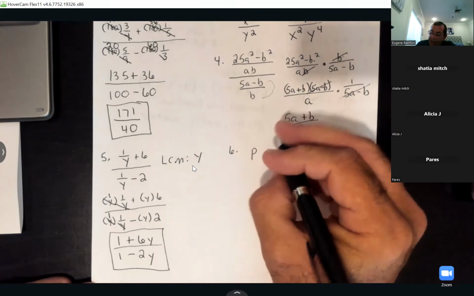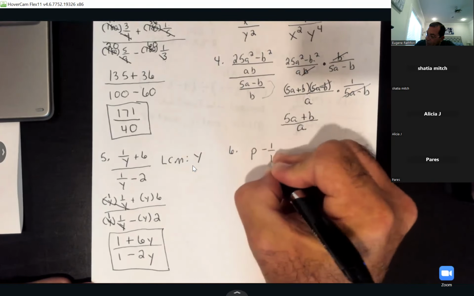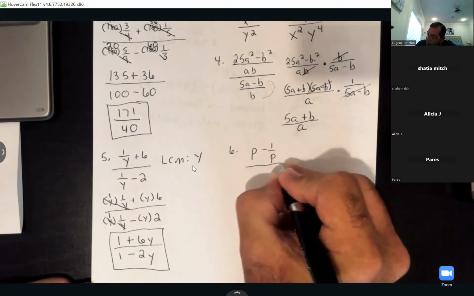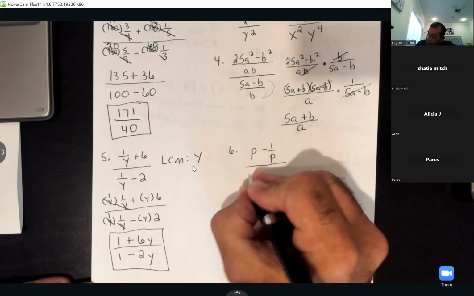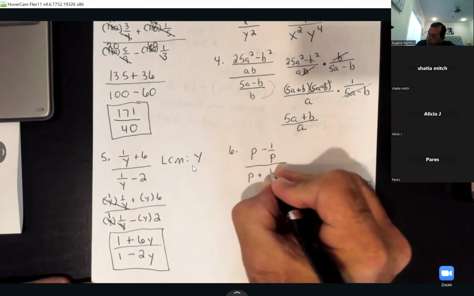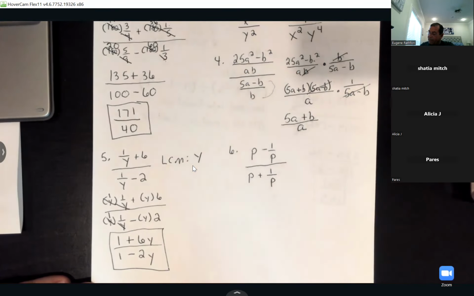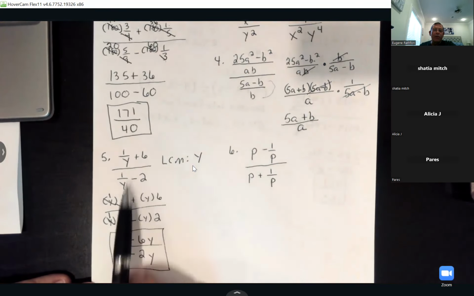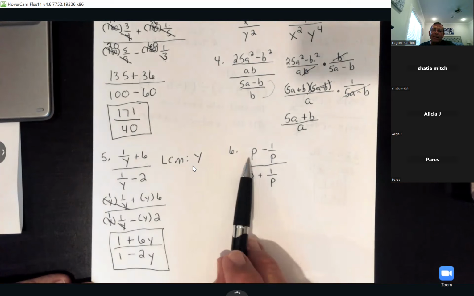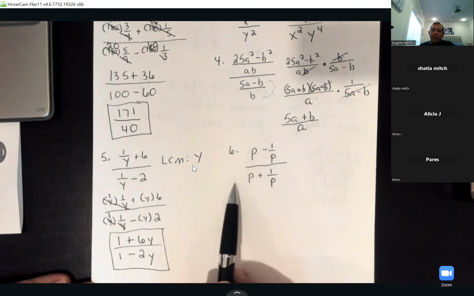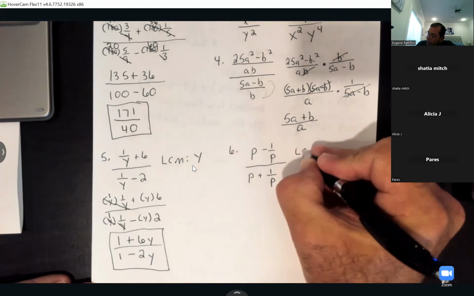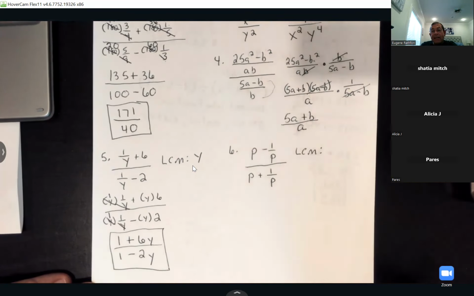All right, y'all. P minus 1 over P, all divided by P plus 1 over P. So really similar to this one. Since I've got 2 parts on top and 2 parts on the bottom, I'm going to solve this one by finding my least common multiple.